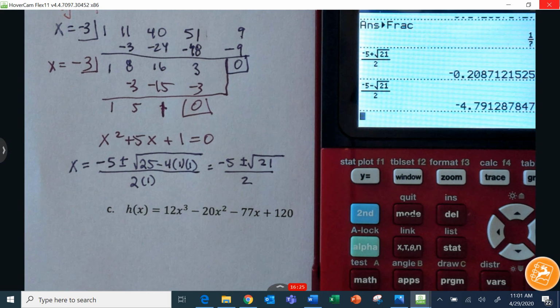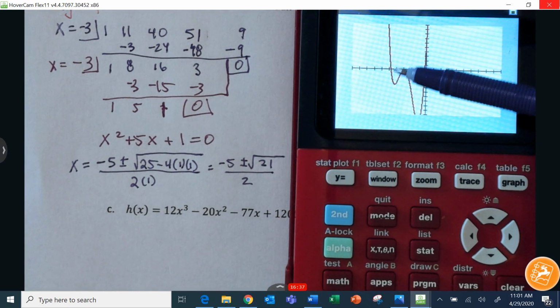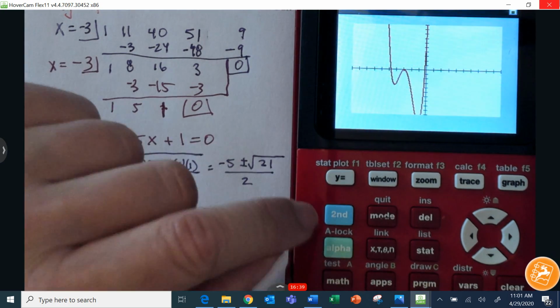Okay, so they're both negative. The furthest one to the left is negative 4.791287847.